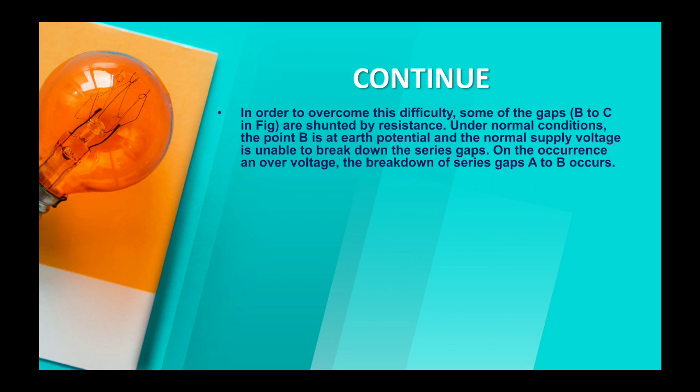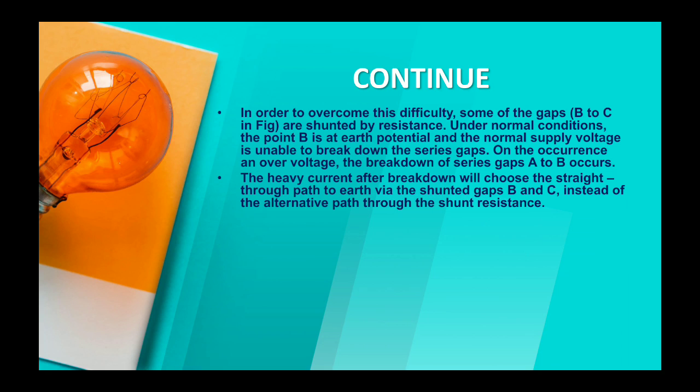On the occurrence of overvoltage, the series gaps A to B break down. The heavy current after breakdown will choose the straight path to earth via the shunted gaps B and C, instead of the alternate path through the shunt resistance.